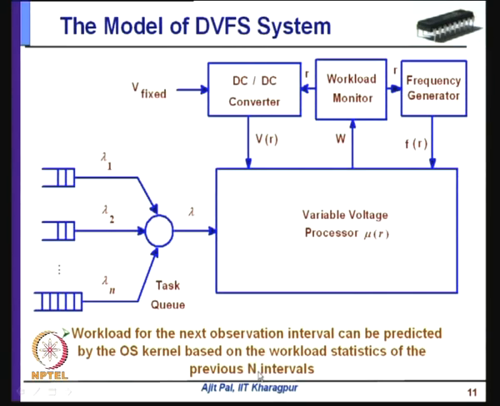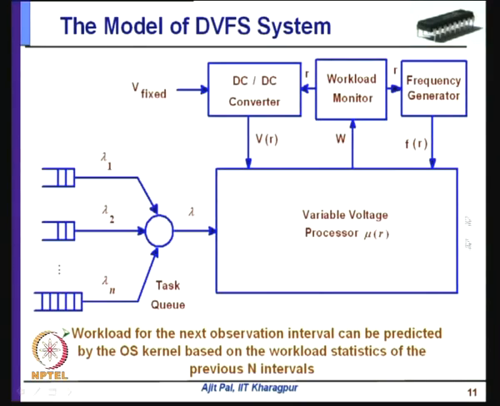So, based on the previous history, it predicts the future workload, and based on that, voltage and frequency are identified, and that controls the circuit, as shown in this particular model.